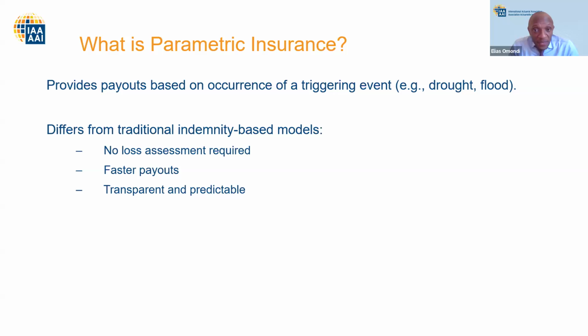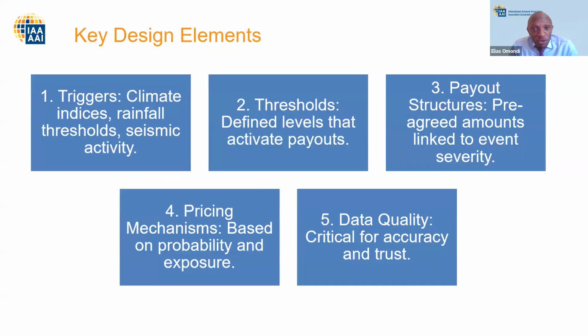Next. The other thing we are going to discuss in more detail is some of the key design elements, and you need to put this into consideration, because we are going to have a bit more discussion around these components. Index or parametric insurance depends on triggers, and these triggers are based on a number of indices, ranging from climate indices such as a rainfall threshold to seismic activity, because we have different types of parametric insurance.